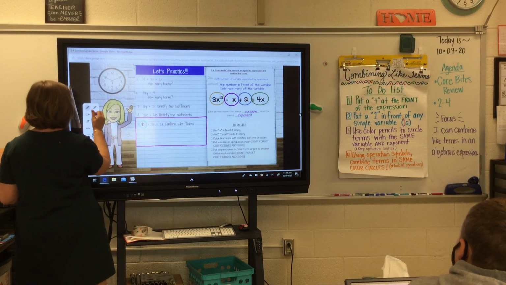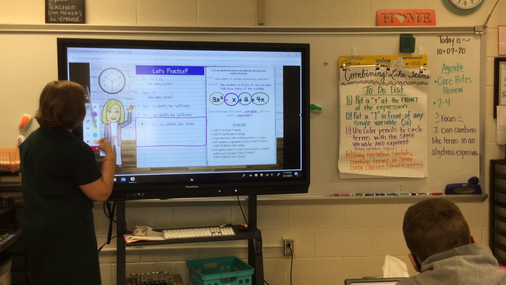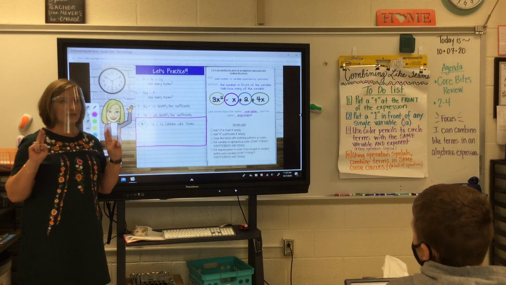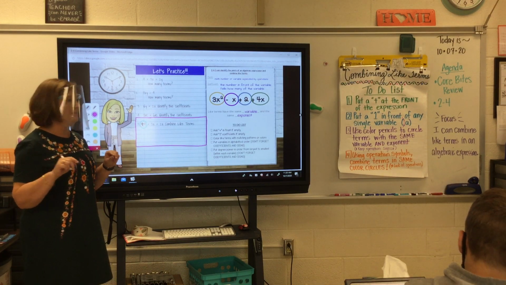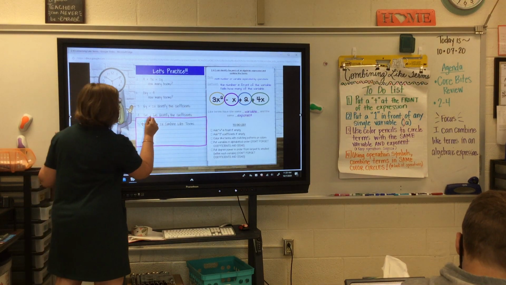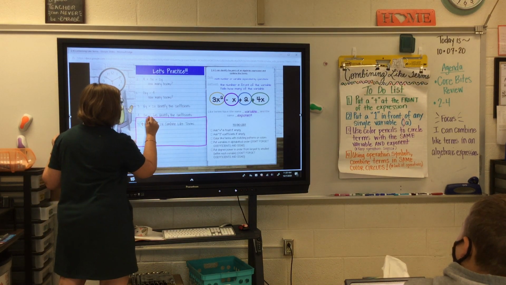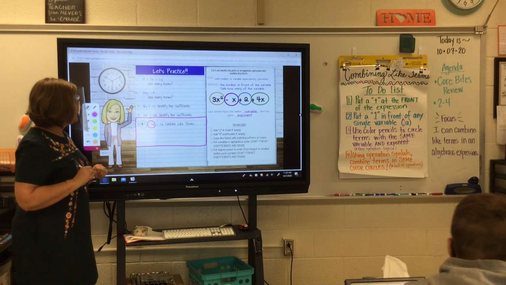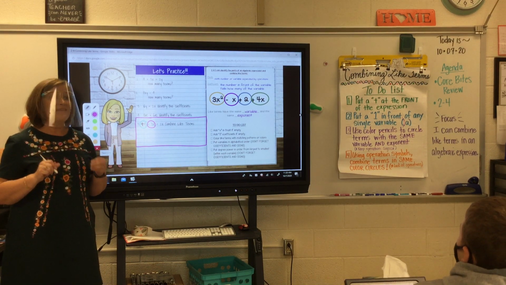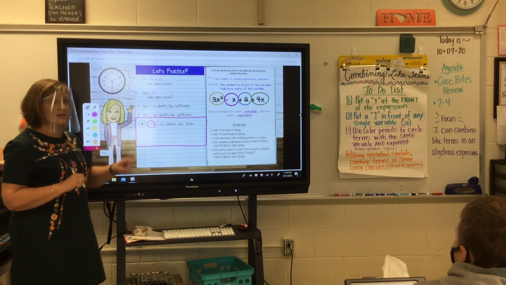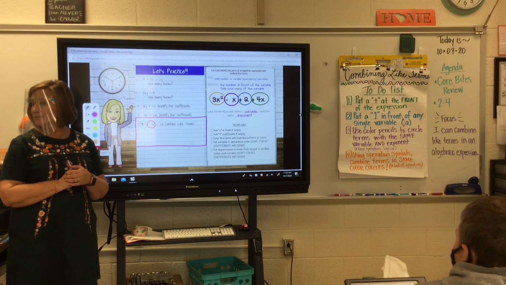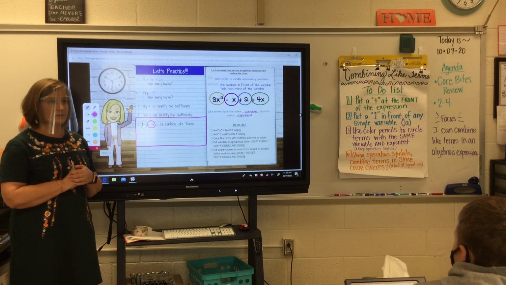Now, I want you to pick a red. I can't pick a red, but it's kind of a pinkish color, so I'm going to use this because I want them to be completely different colors, okay? And we're going to circle +3x. Do I have any more x's that don't have an exponent? 2x.